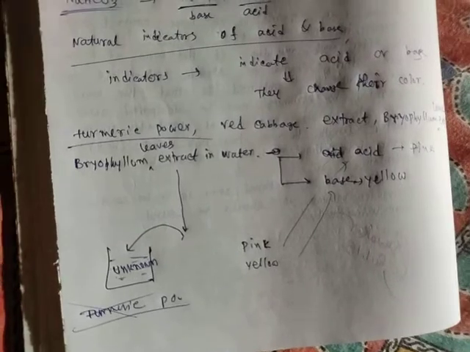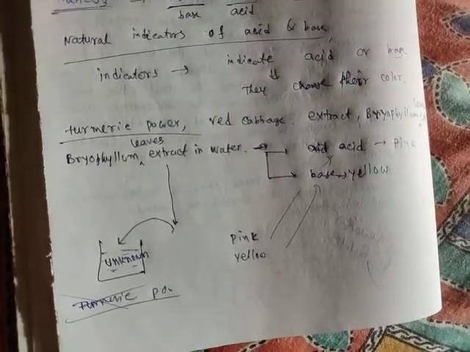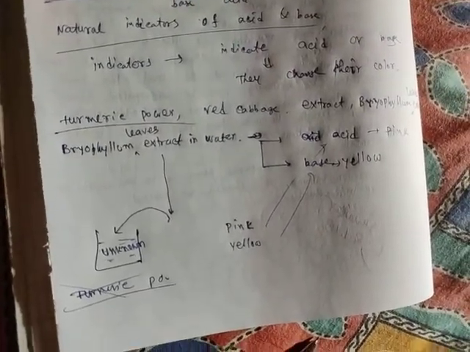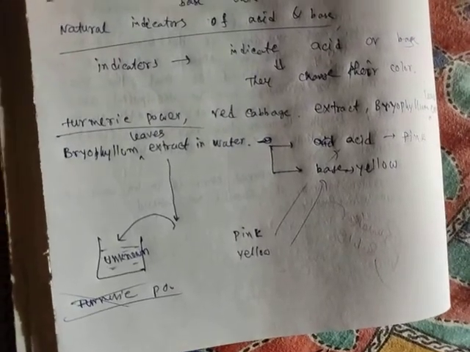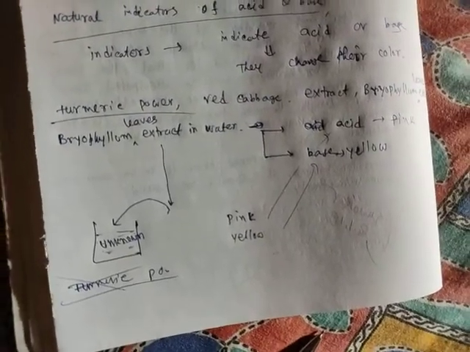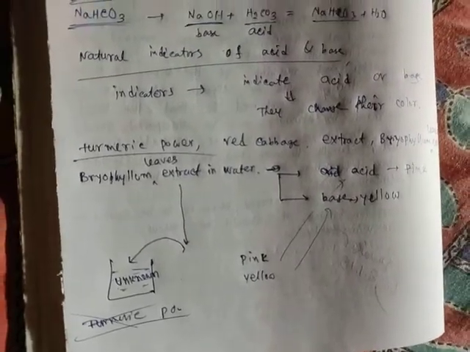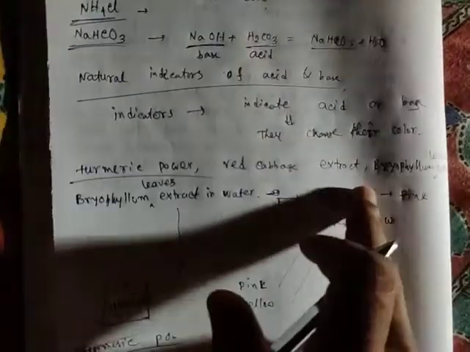Then mix this solution first with acid and then with base. It will give two different colors, and with the help of these colors, you can say whether it is acid or base.